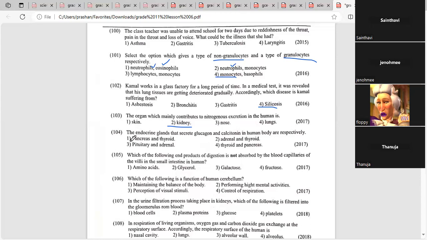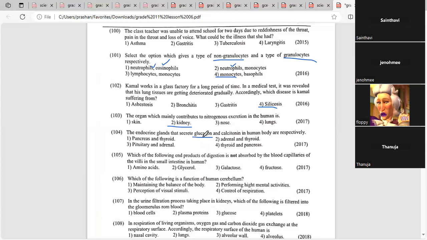Then, the endocrine gland that secretes glucagon and calcitonin in the human body respectively. We know glucagon. Glucagon is secreted by pancreas. Okay. If you don't know which organ secretes calcitonin, you can still select the correct answer, because glucagon and calcitonin respectively.